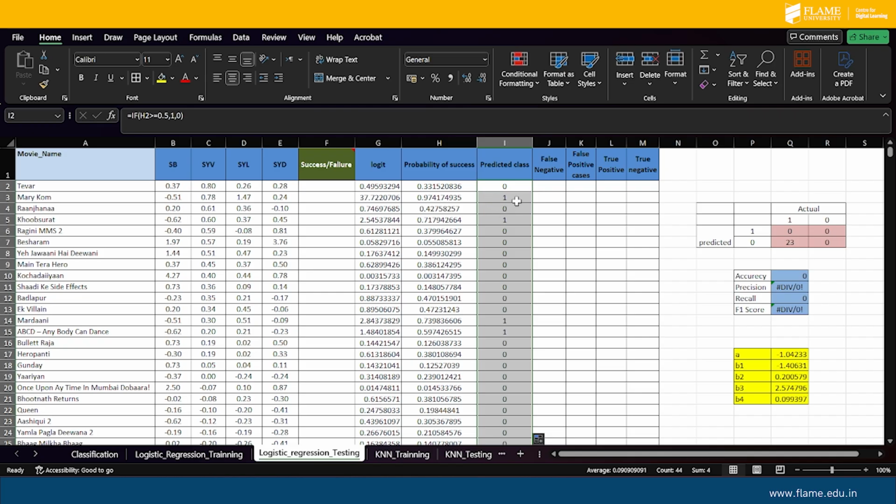So now how you define the threshold, based on that only these values will be estimated. Now let us put the final value, the success failure factor, the value which was originally labeled in the collected data set.